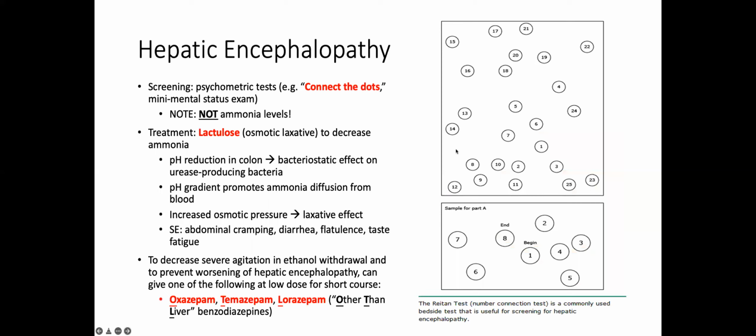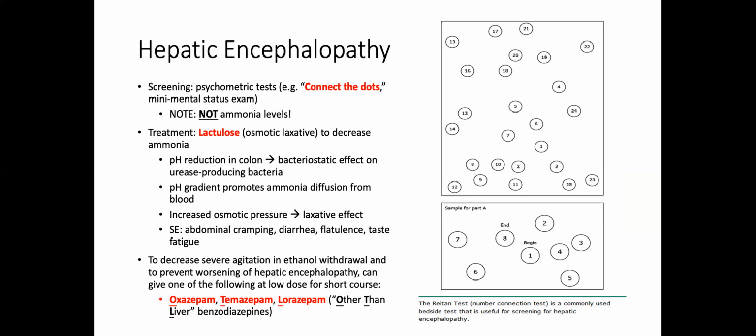A screen to test their mental status could be connect the dots. Can they do this? 1, 2, 3, 4, and so on. Maybe they can't do it. If they can't, then okay, we have a problem.